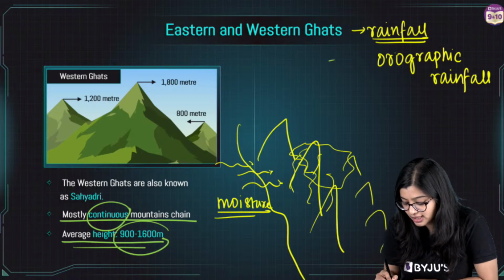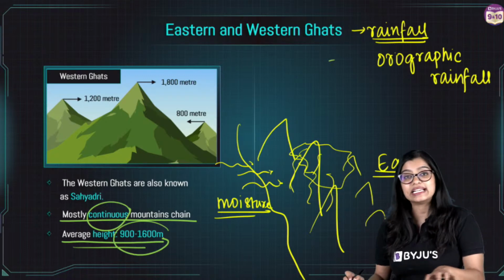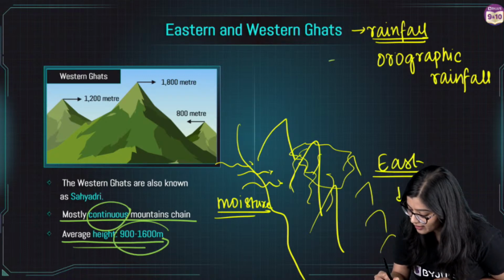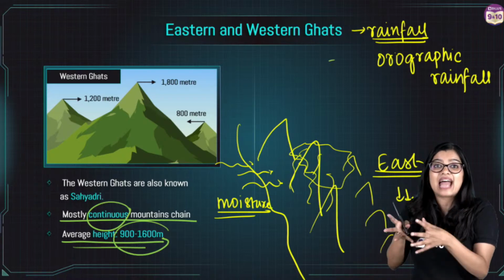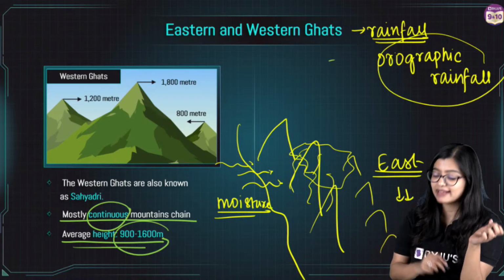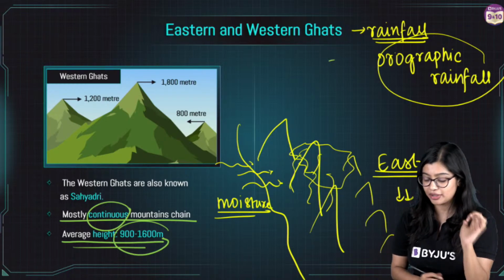By the time the winds cross these hills and reach the ranges towards the east, the eastern side receives relatively less rainfall. This type of rainfall is what we call orographic rainfall.